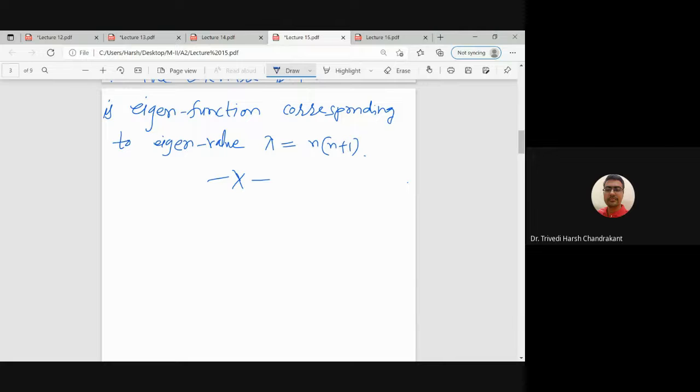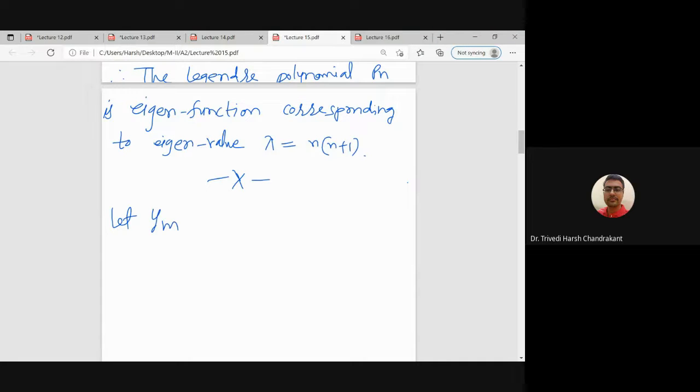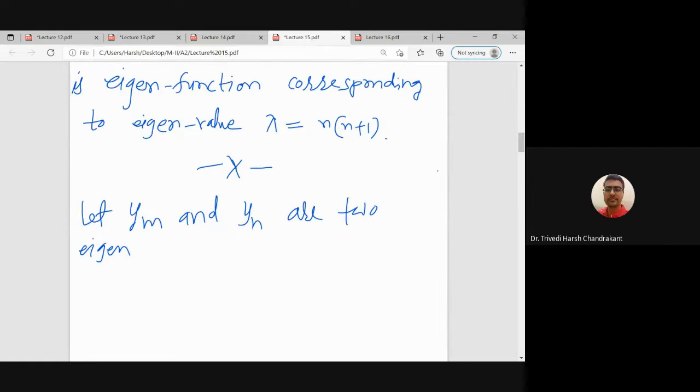So suppose we have two solutions, ym and yn, which are two non-zero solutions of the Sturm-Liouville problem. That means ym and yn are two eigenfunctions corresponding to eigenvalues lambda m and lambda n.